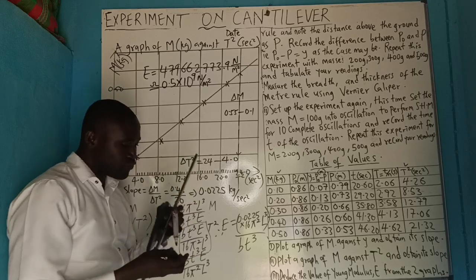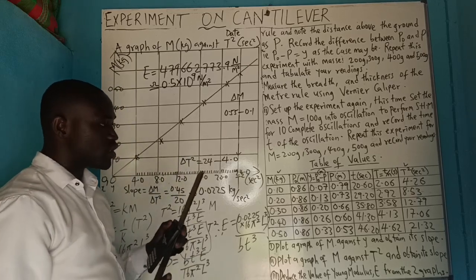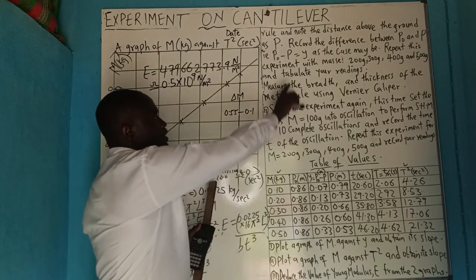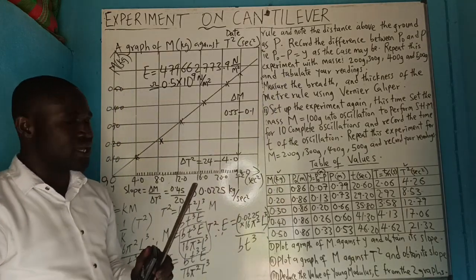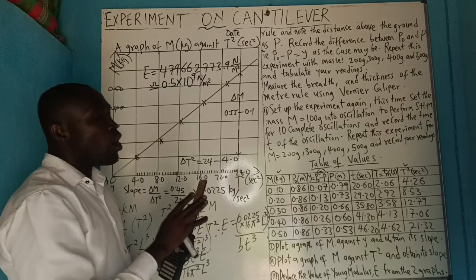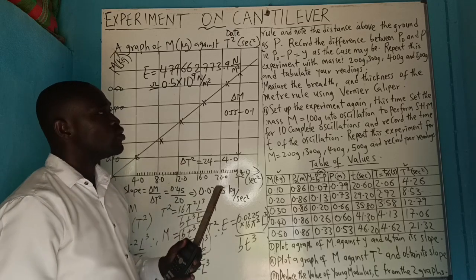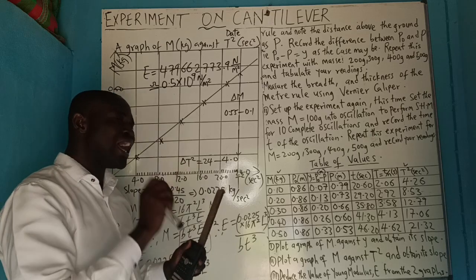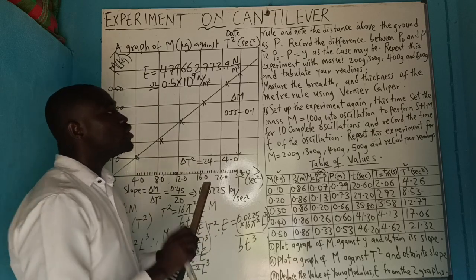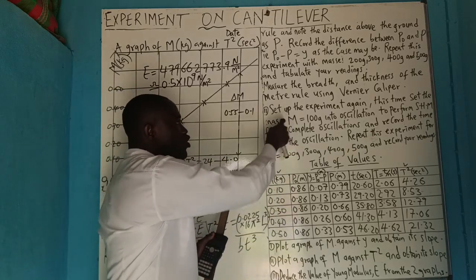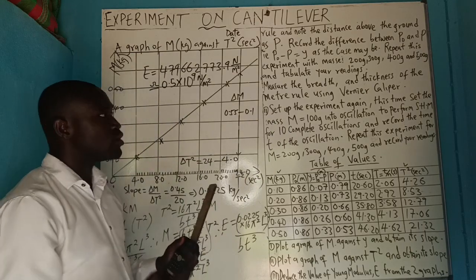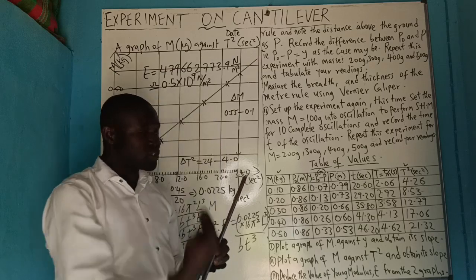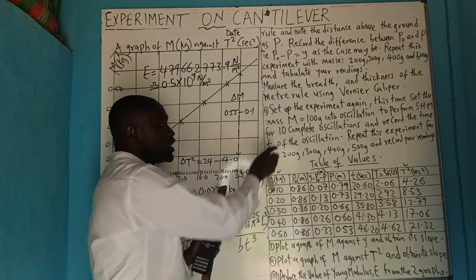That means from these two experiments we just concluded, when you use the first approach to perform this experiment, the Young modulus you will be getting will be similar or nearly equal to the Young modulus you will get when you use the principle of oscillation.